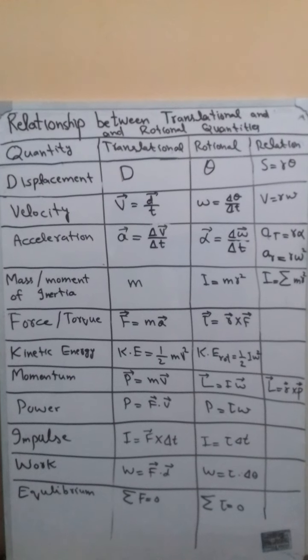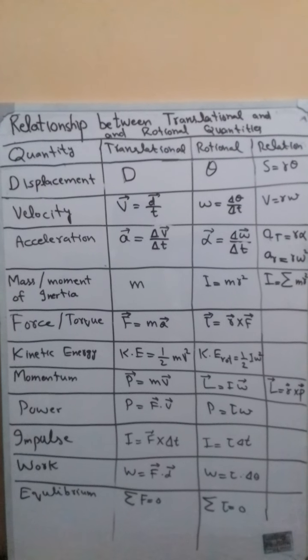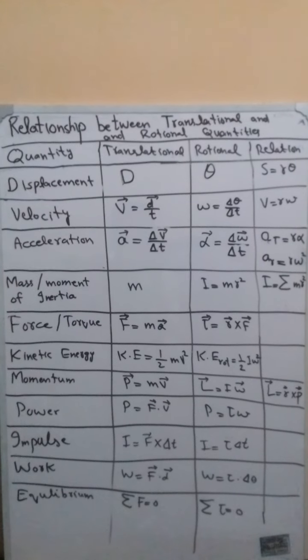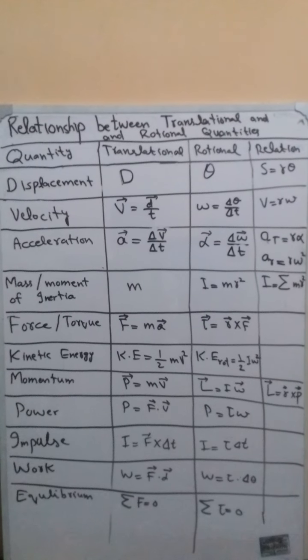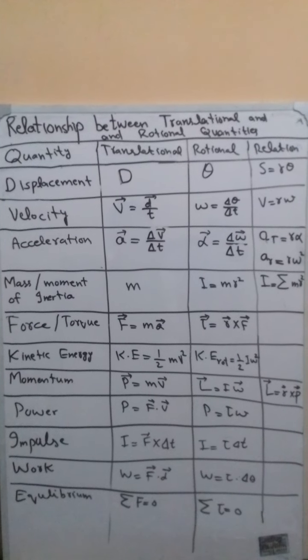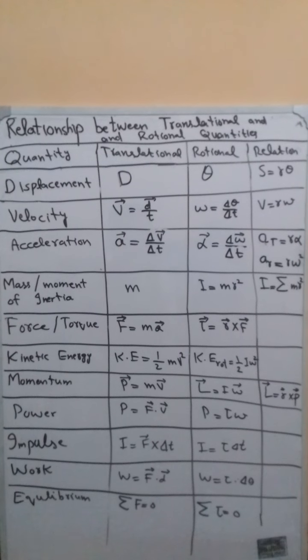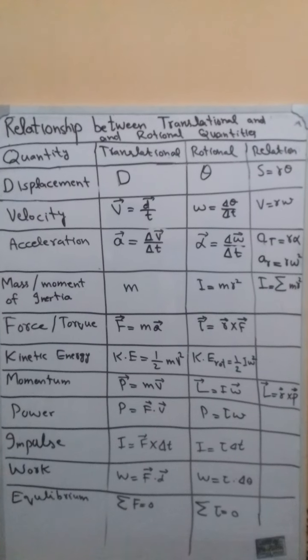Next quantity is mass or moment of inertia. In the translational case, we use mass, and in the rotational case, we use moment of inertia.